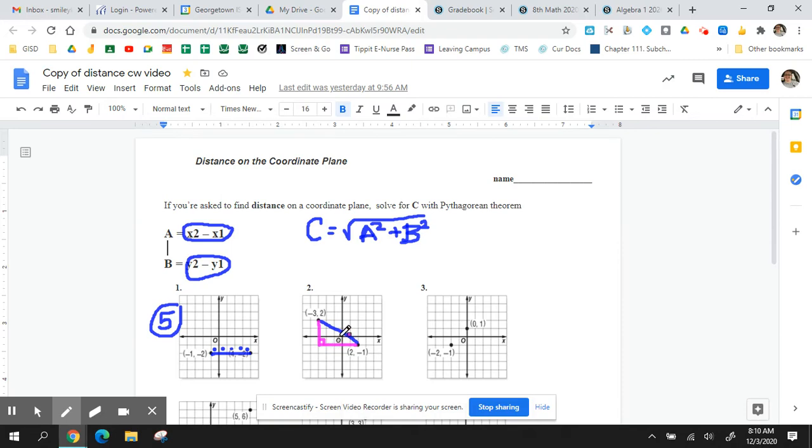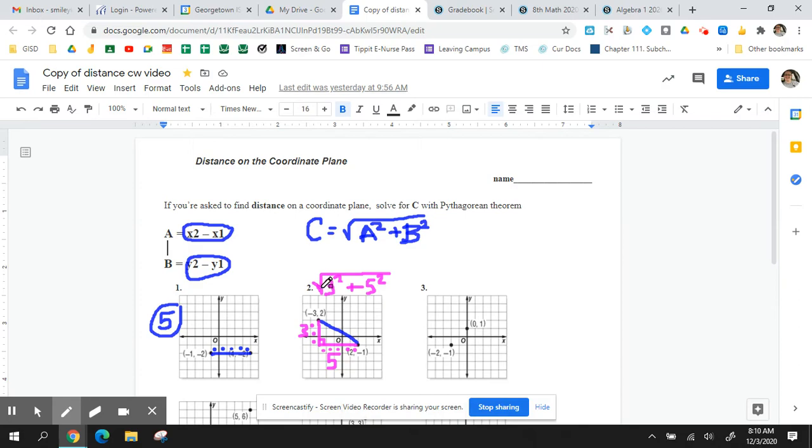If you have it on a coordinate plane, you can count the boxes. 1, 2, 3. So that distance is 3. And 1, 2, 3, 4, 5. So just like yesterday, we're going to do the square root of 3 squared plus 5 squared, all under that square root sign.